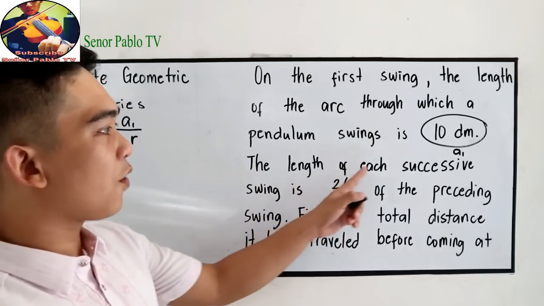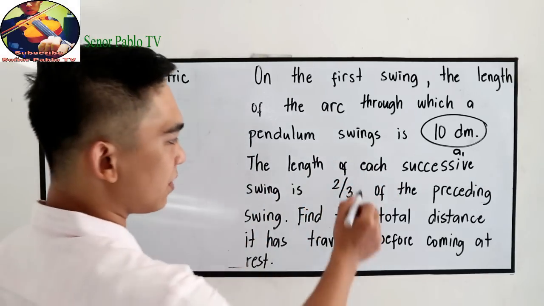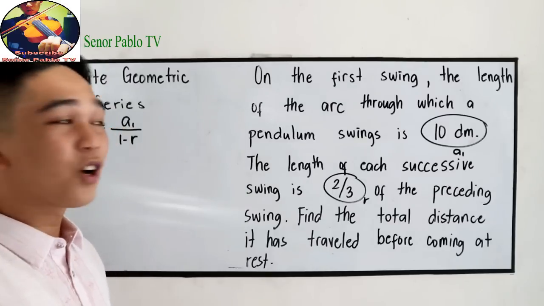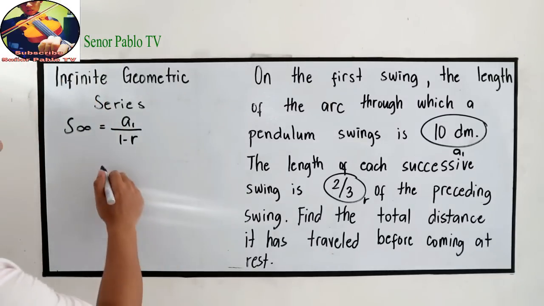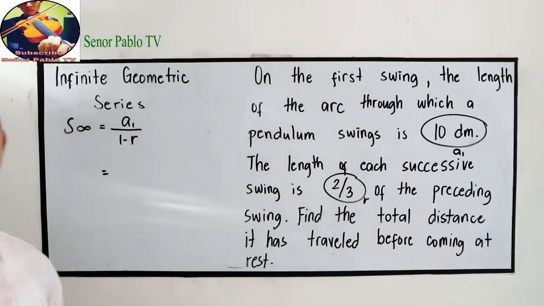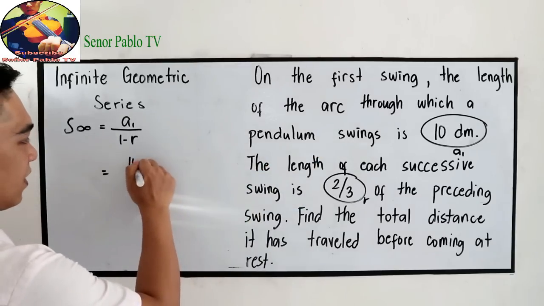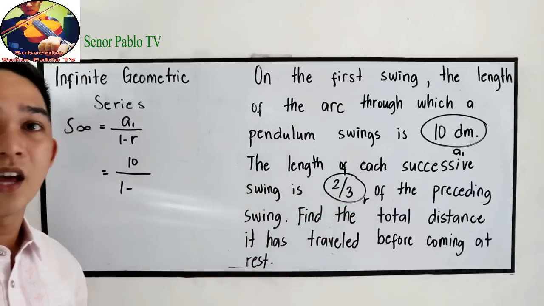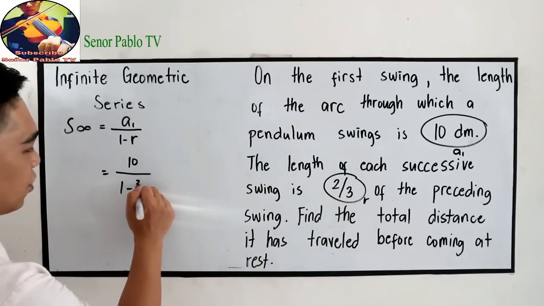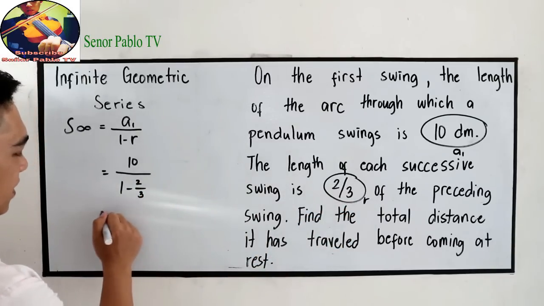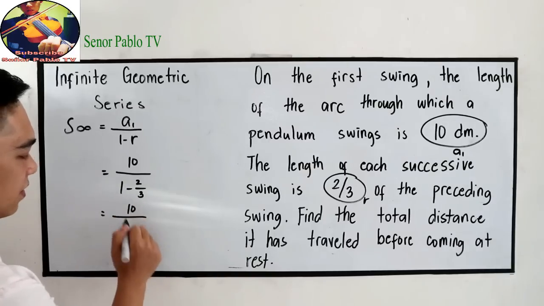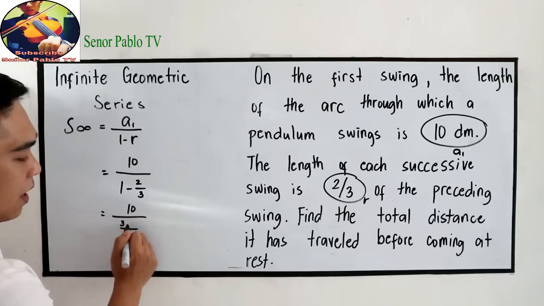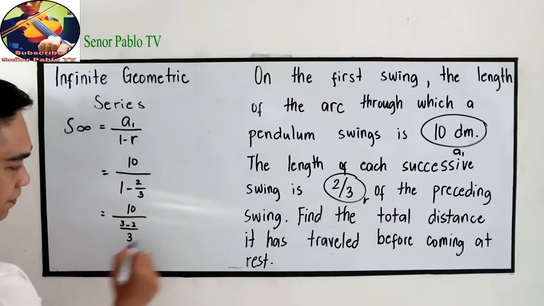And the length of each successive swing is 2/3. So, ito yung magiging R natin. So, gamitin natin sa formula. S infinity, A1 is 10 over 1 minus R natin is 2/3. 2 over 3. So, 10 over 3. 3 times 1. 3 minus copy 2.